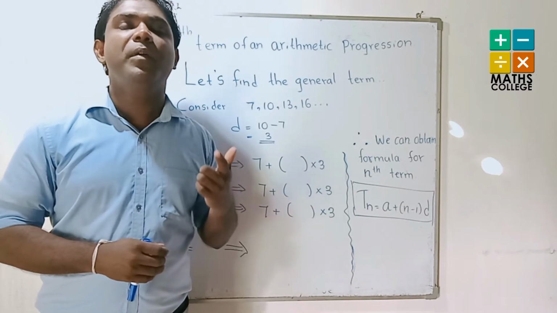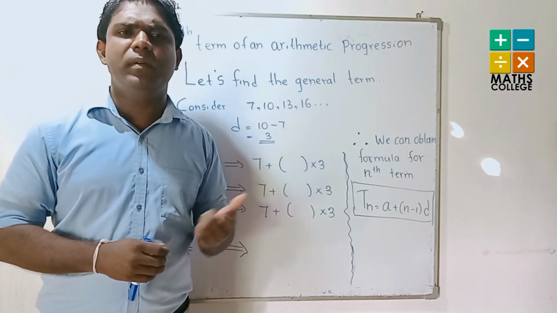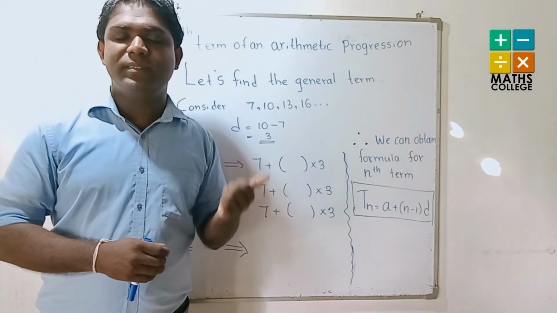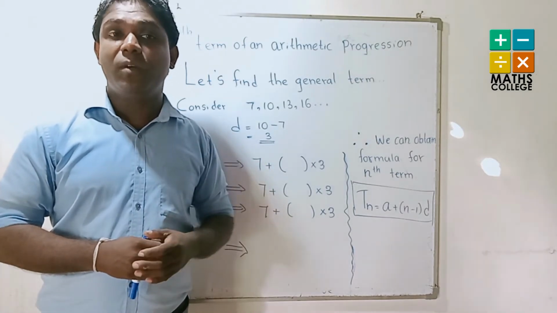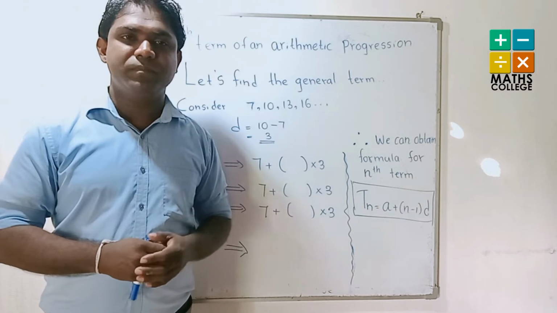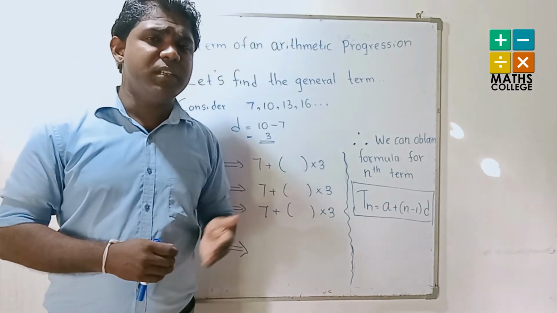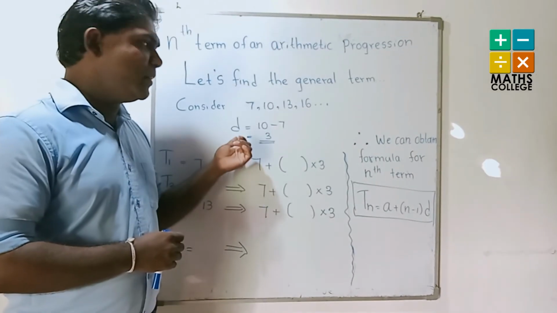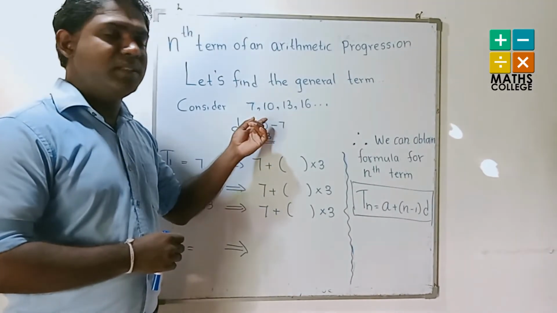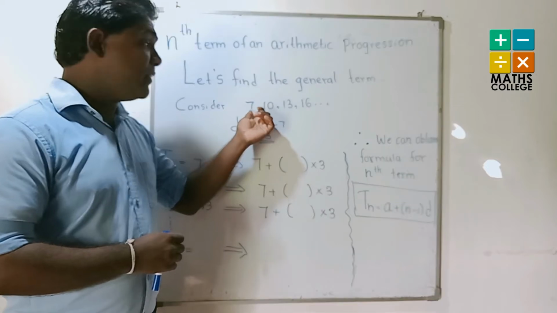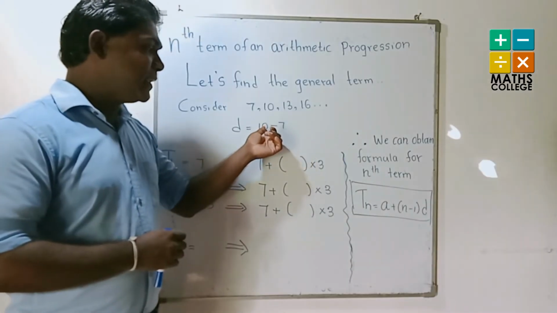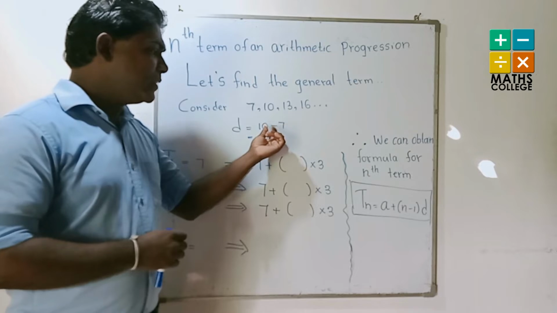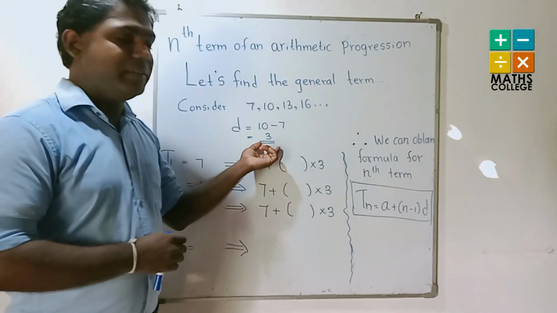The symbol for the first term is A. For the common difference, D. Before finding the general term, we have to find the common difference. When we consider two consecutive numbers, here 7 and 10, 10 is the second term, 7 is the first term. 10 subtraction 7 is 3.